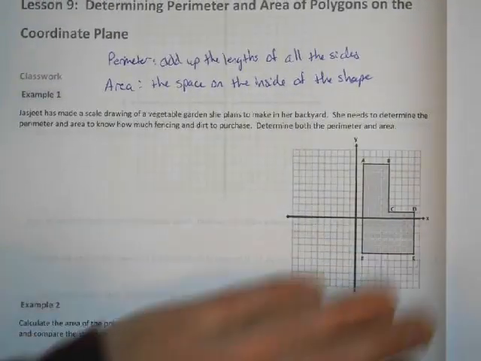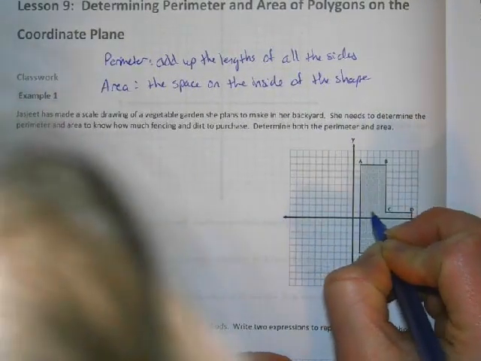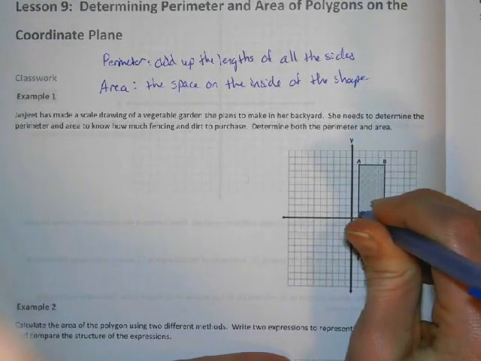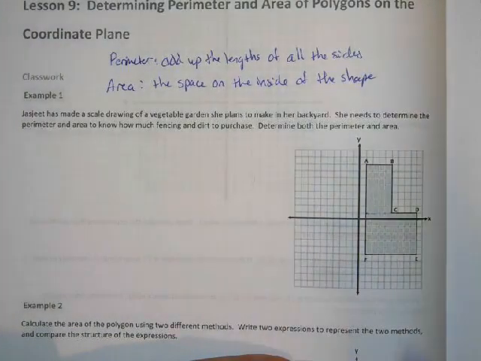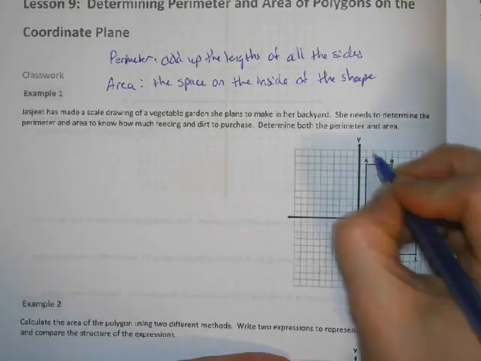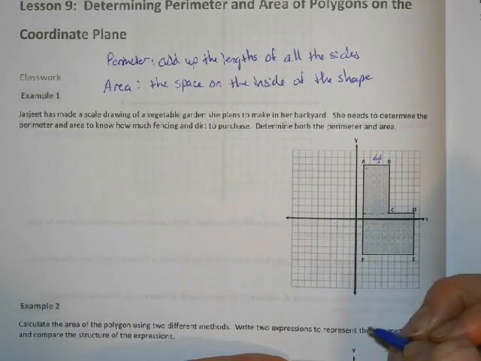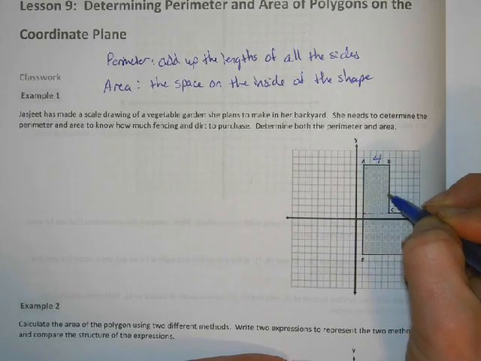So looking at this shape, I can actually divide this shape into two rectangles. So I'm going to draw that line right here where the C is. And then I'm able to determine what the lengths of all the sides are. Now, from A to B, that's 1, 2, 3, 4. So I know that that side length is 4. And then that's 1, 2, 3, 4, 5, 6, 7.